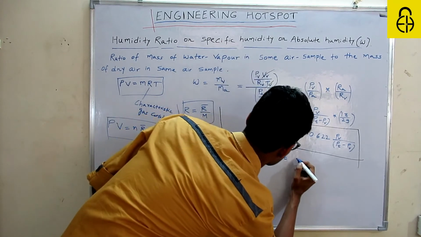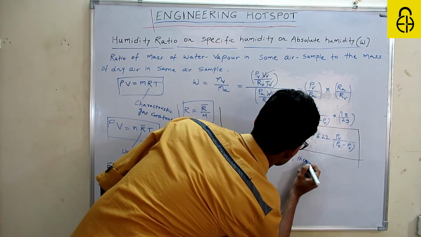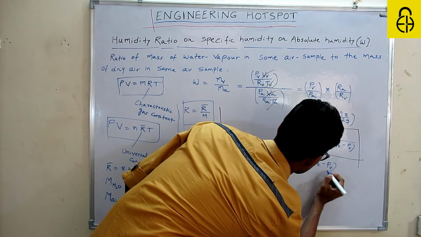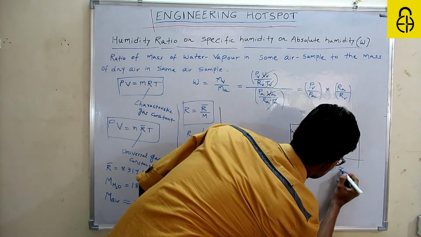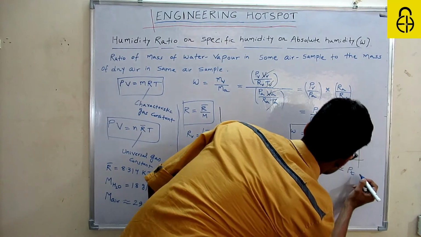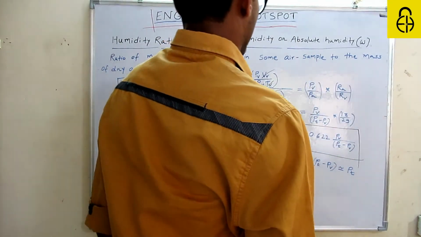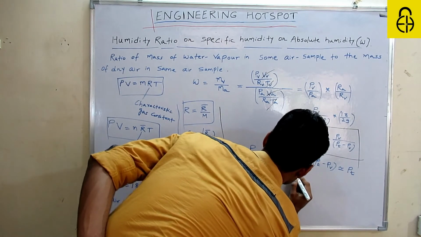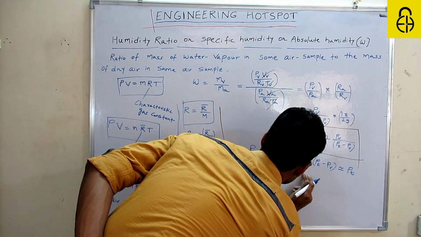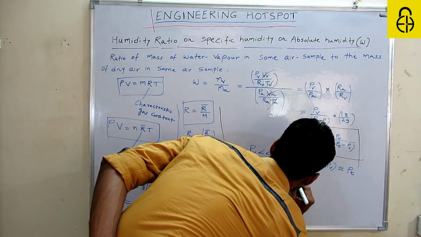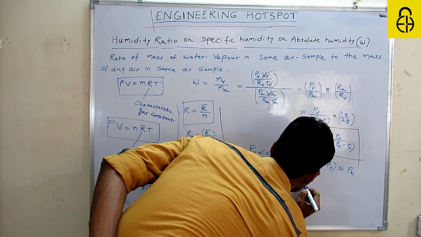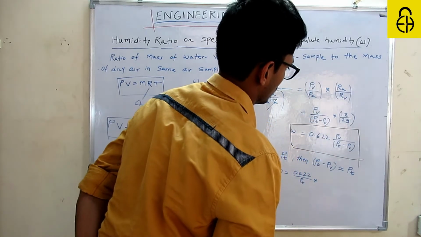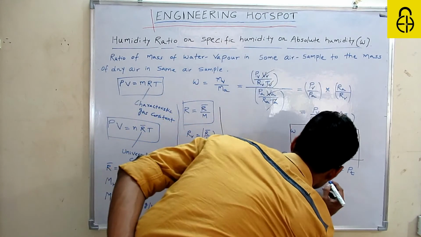In that case, you can replace PT minus PV with PT. Then omega will be 0.622 upon P total into PV.